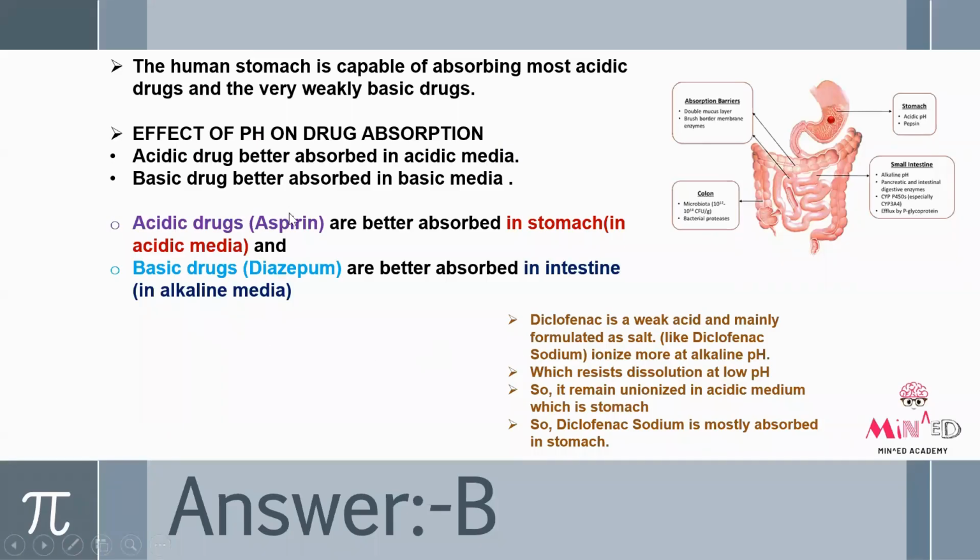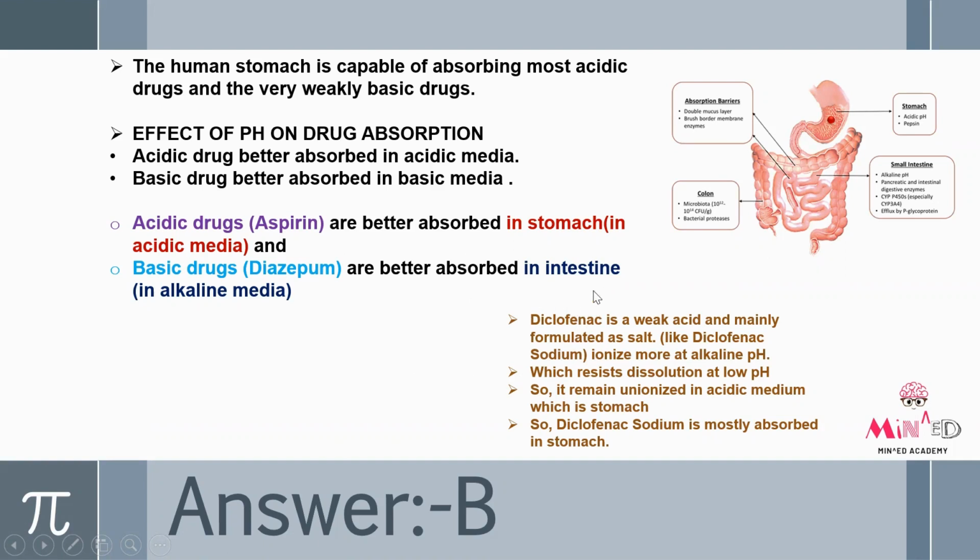The human stomach is capable of absorbing most acidic drugs and very weakly basic drugs. Effect of pH on drug absorption: acidic drugs are better absorbed in acidic media, basic drugs are better absorbed in basic media. Acidic drugs such as aspirin are better absorbed in the stomach, that is in acidic media, while basic drugs such as diazepam are better absorbed in the intestine, alkaline media.